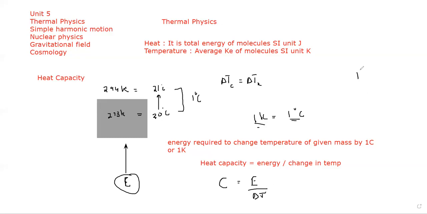Both are acceptable. The SI unit of energy is joule. The SI unit of temperature is Kelvin, or we can use degree centigrade. So we can use joule per Kelvin or joule per degree centigrade. That refers to heat capacity.